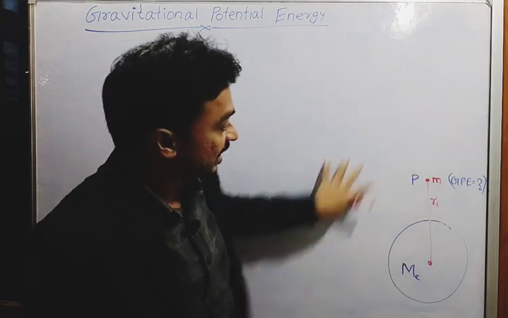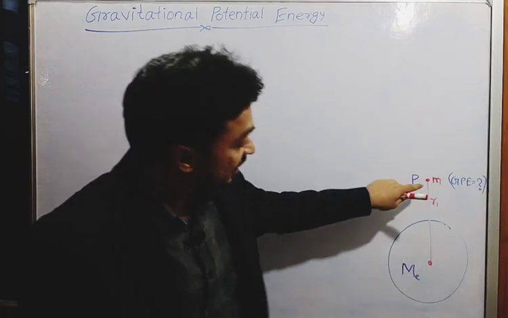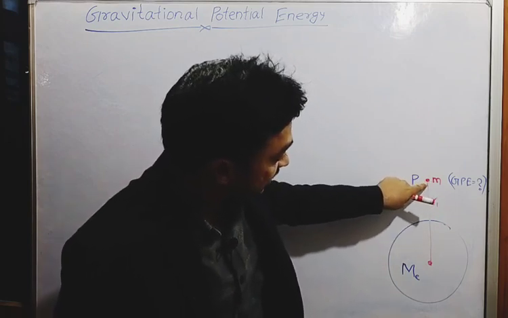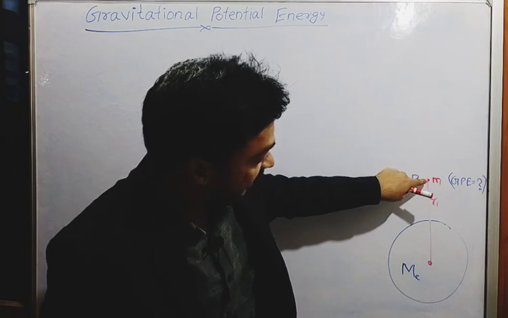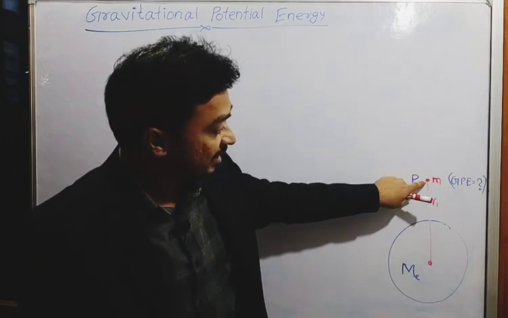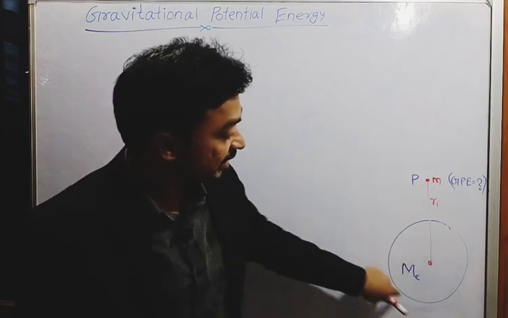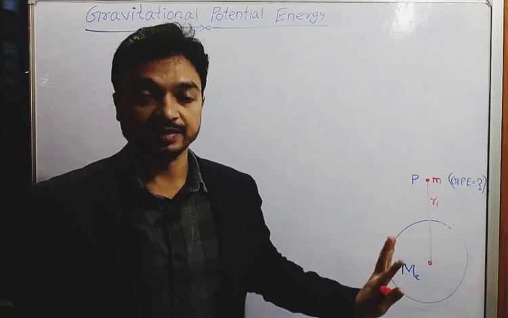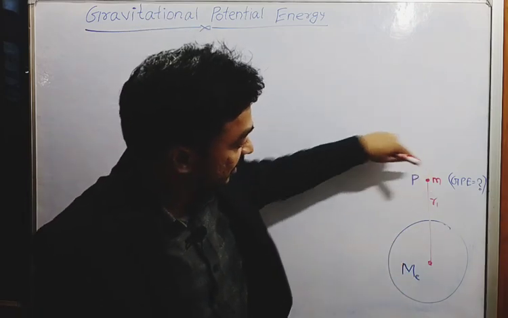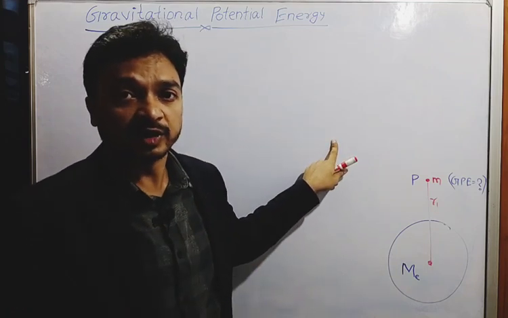Earth has some gravitational field, and if you place a point mass m at this point P, then it will have some potential energy due to the gravitational field of this. Okay. If you place this mass at another place, it will have some different potential energy.